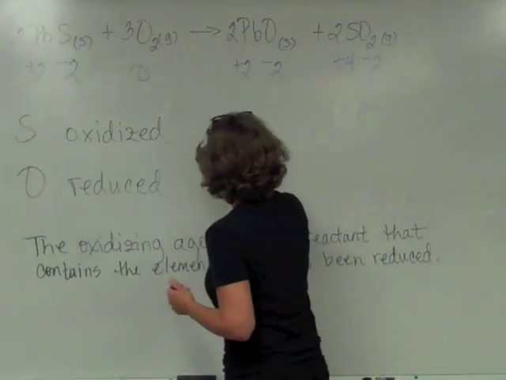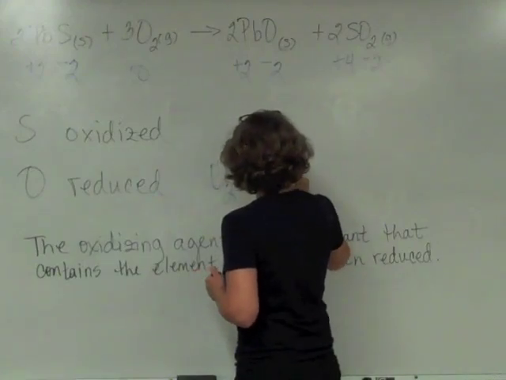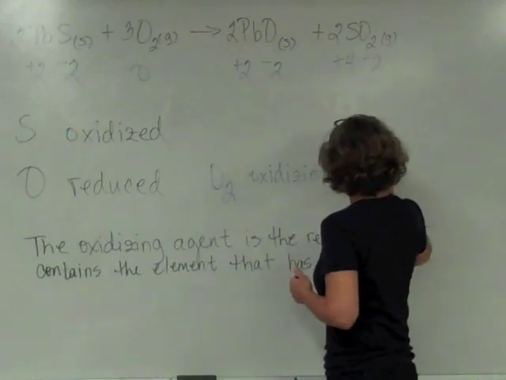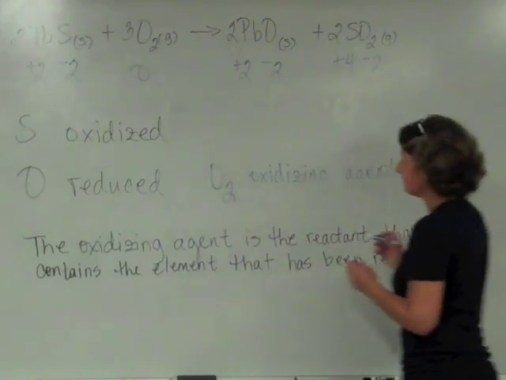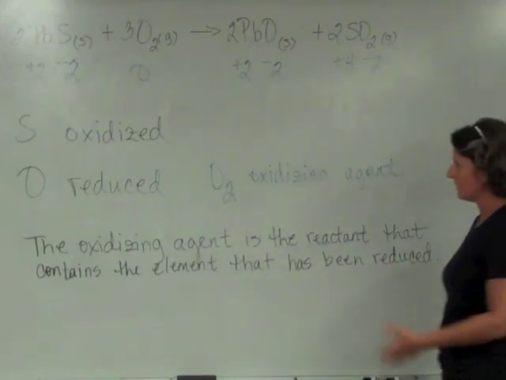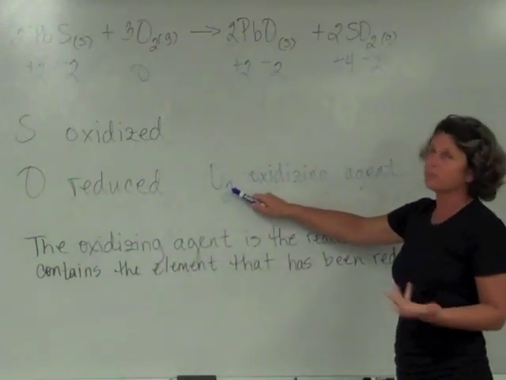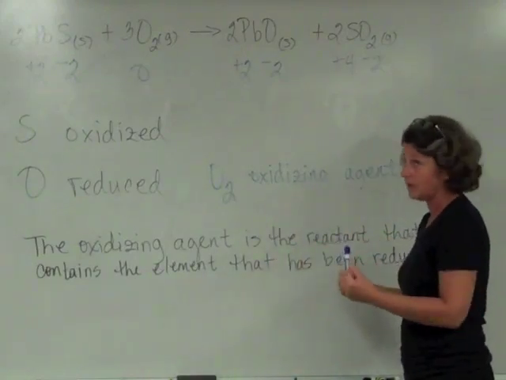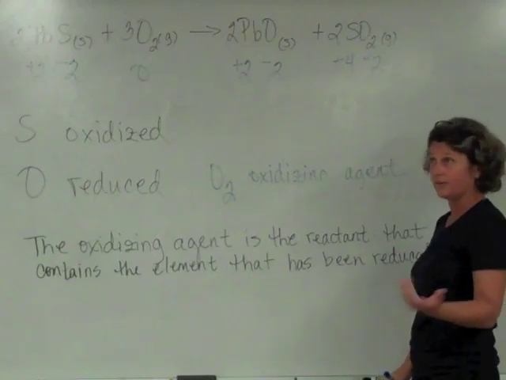So we say O2 is the oxidizing agent. I wonder where that name came from. Being sarcastic, of course. It's from this: O2 takes electrons, so they named it after that.